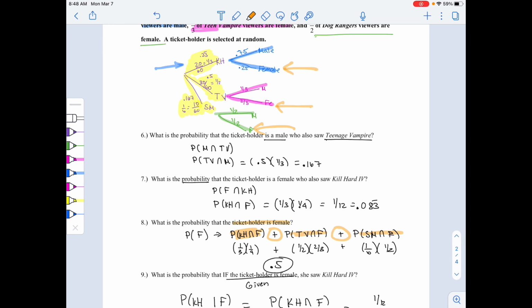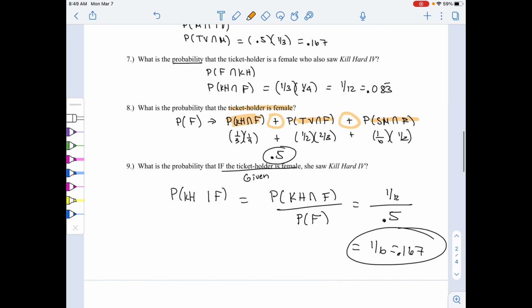So we have to follow 3 lines. My kill hard, 1/3, and female, 1/4. Or my teenage vampire, 1/2 times female, 2/3. Or my strip mall, 1/6, and female, 1/2. When you add all of that together, it comes out to be 1/2.